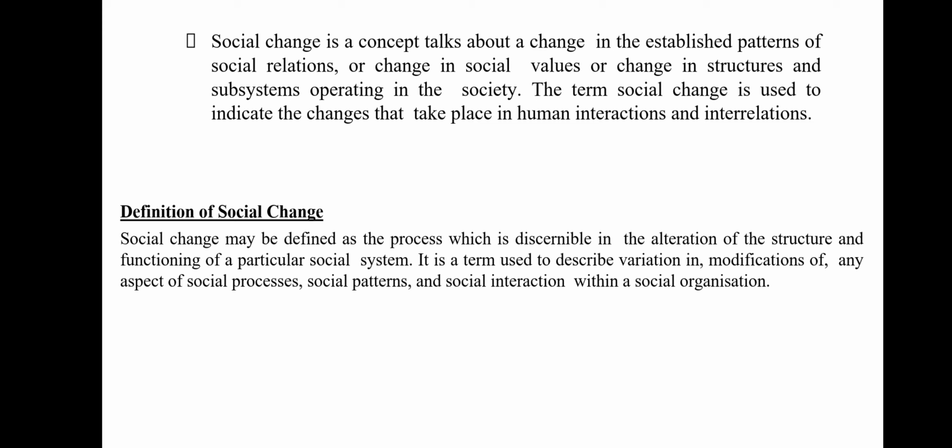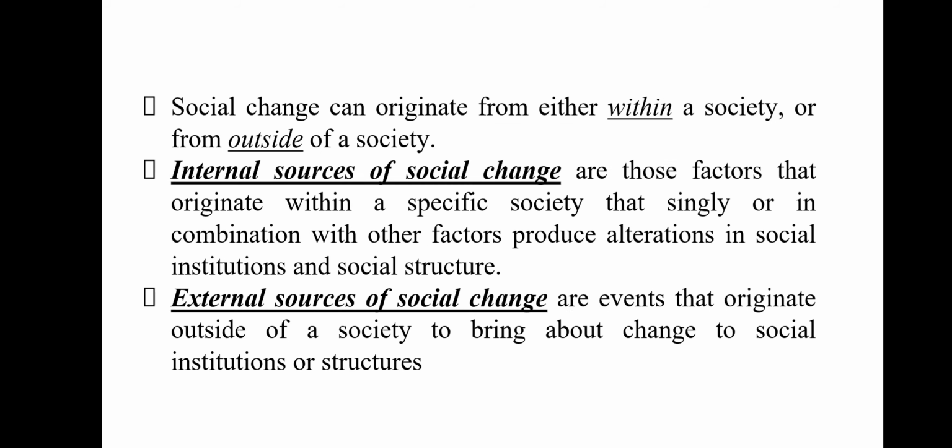One definition of social change is that it may be defined as the process which is discernible in the alteration of the structure and functioning of a particular social system. It is a term used to describe variation or modification of any aspect of social process, social pattern, and social interaction within a social organization.